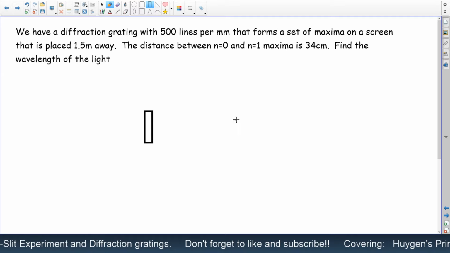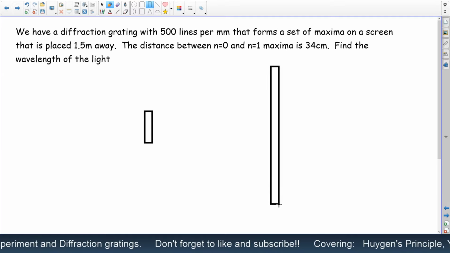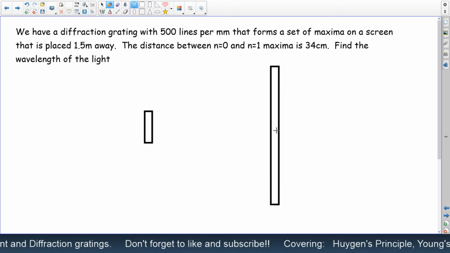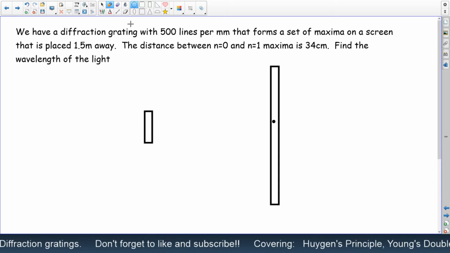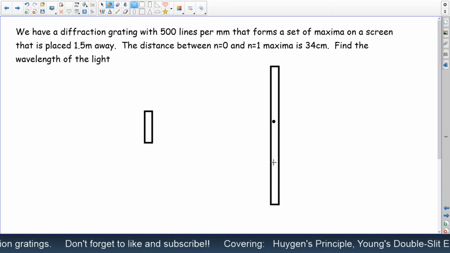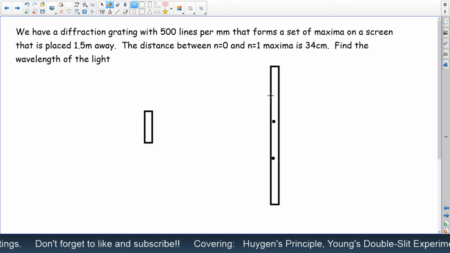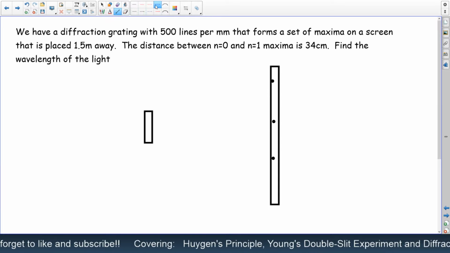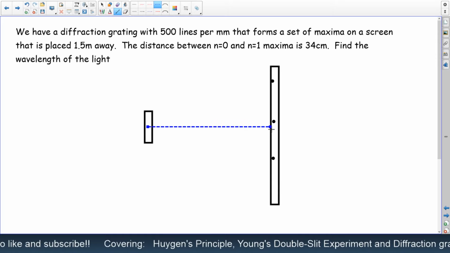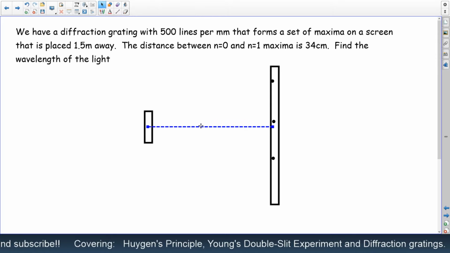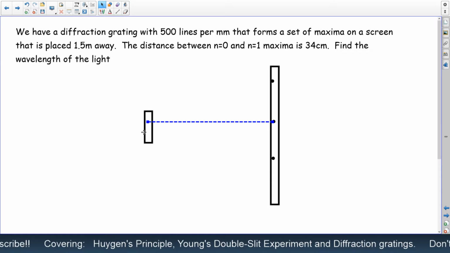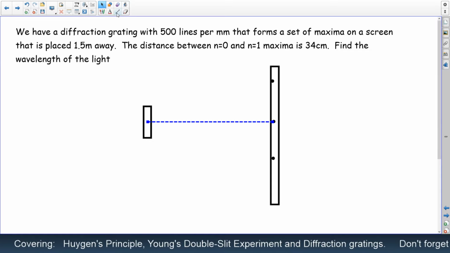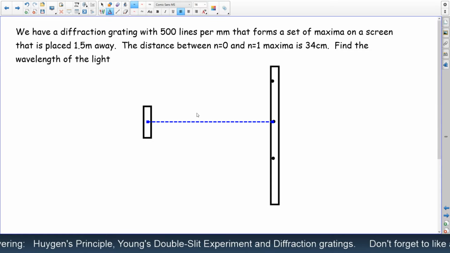So we've got our diffraction grating here, we've got our screen over here, we've got our central maximum here, and then we've got our n equals 1. We'll exaggerate this a bit with n equals 1 on both sides. So we know that this distance from the center of my grating to my central maximum, my screen distance, is 1.5 meters.